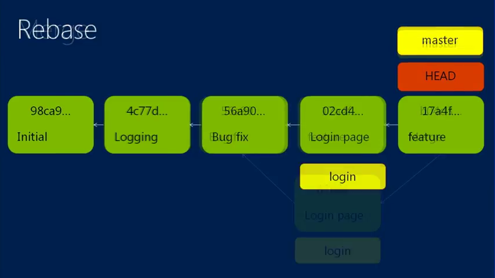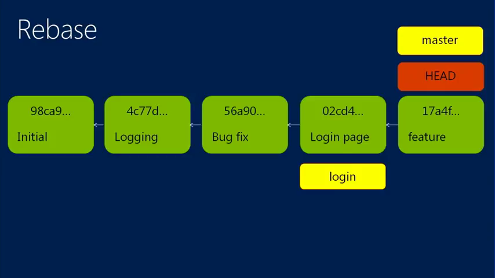We could also rebase our master branch based on the changes that we have in the login. And because of the way that we're storing self-contained versions of the files in each commit, what we can do is actually rewind our login feature branch up to the point where we've got the login page.